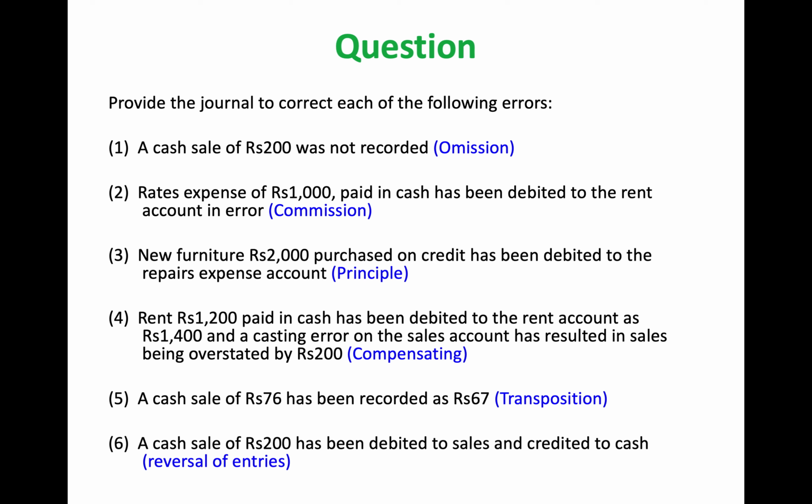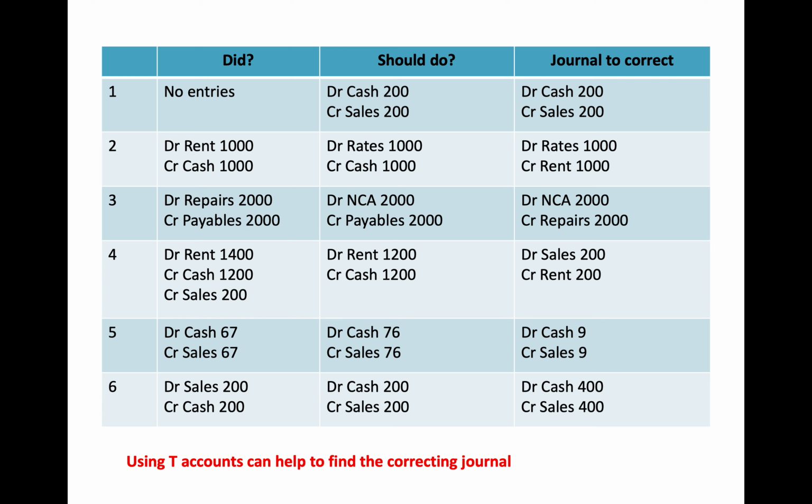The credit entry was not mentioned in this case, and therefore we need to assume this was done correctly. What they did, they debited rent and credited cash. What they should have done, they should have debited rates instead. The cash amount is correct and the cash entry as well, which is credit cash 1000.